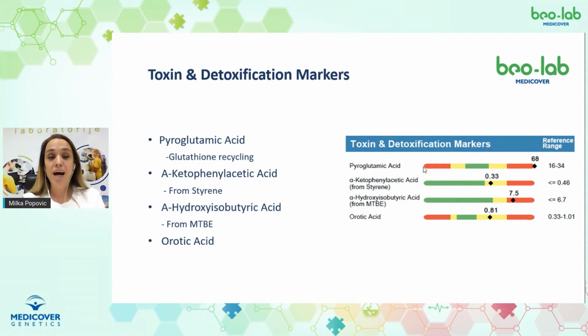So when pyroglutamate is higher in the urine, then it can point to the need for glutathione.